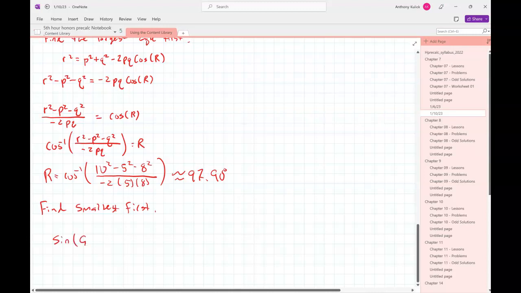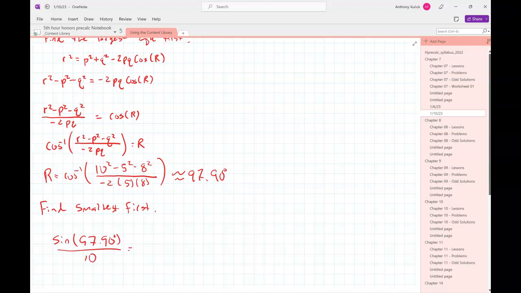So we'll say sine of 97.90 over 10 equals sine of p over 5. Again, I know p is the smallest angle because p was the smallest side. So cross multiply, divide, and take the sine inverse.